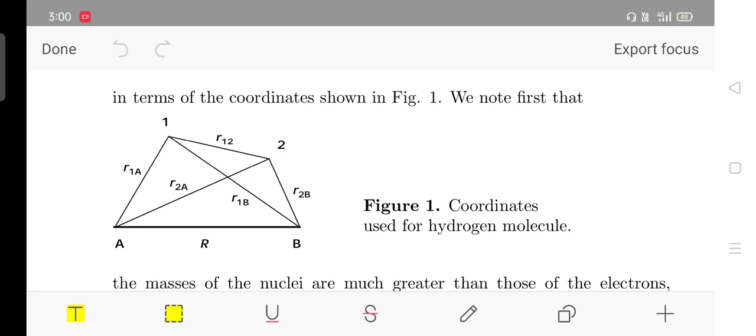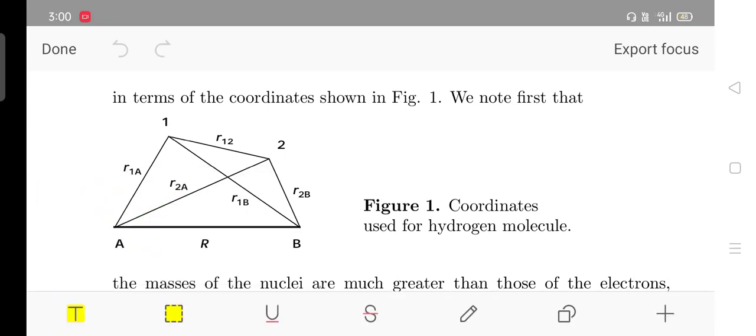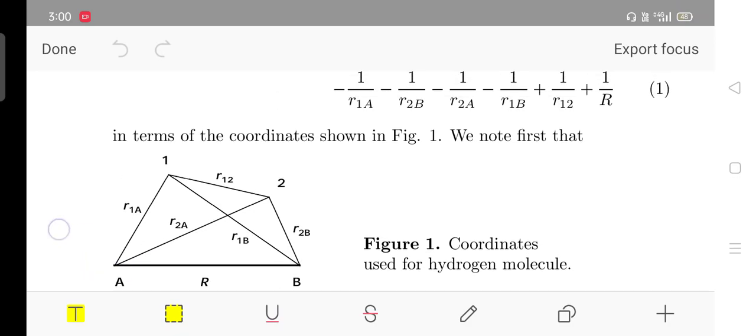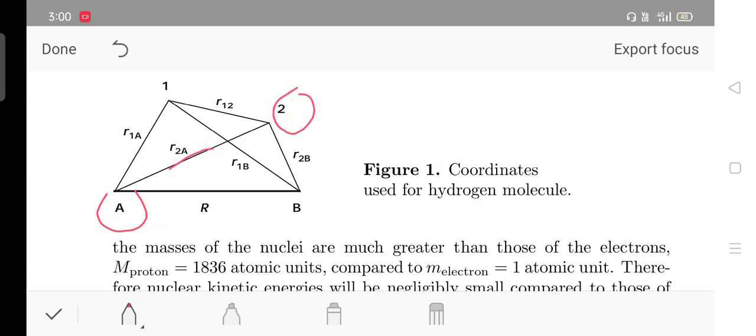The distance between nucleus A and the second electron is R2A.